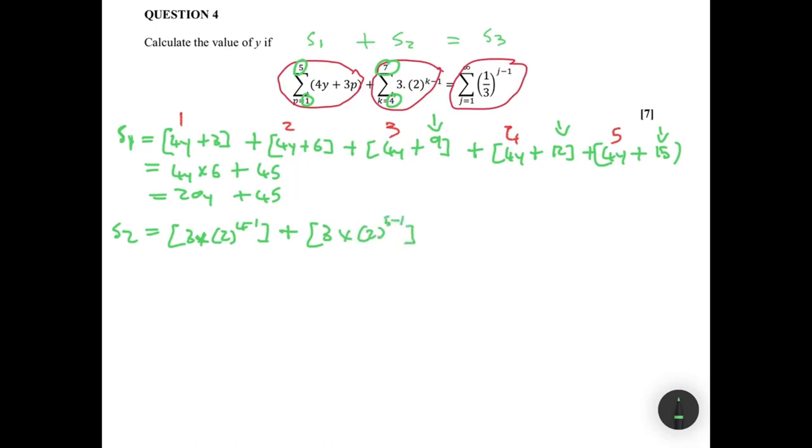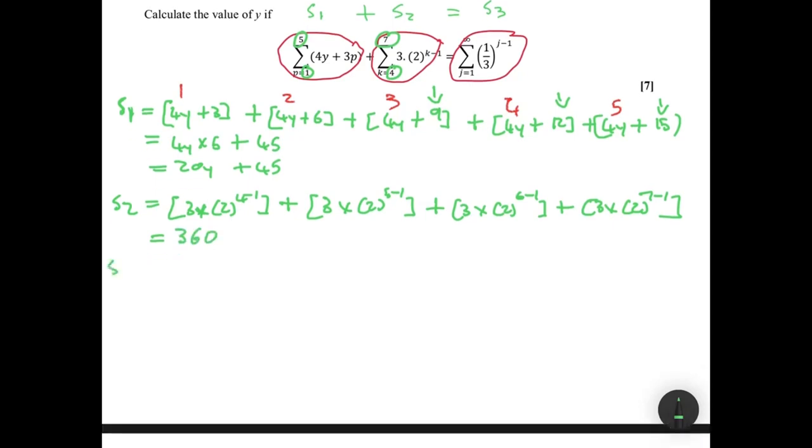We're moving up until we get to 7. Plus 3 multiplied by 2 to the power 6 minus 1, and then plus 3 multiplied by 2 to the power 7 minus 1. Here we don't have any variable, right? So you can just put this entire expression on your calculator and get the answer, right? So the answer here is going to be 360.